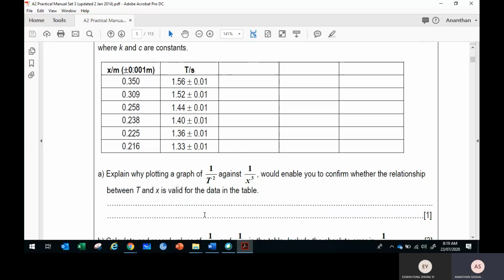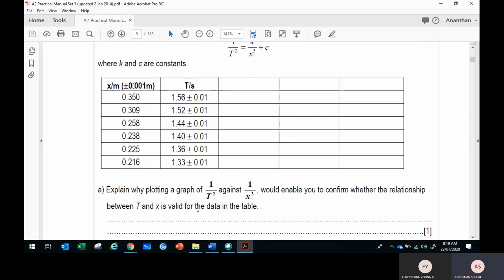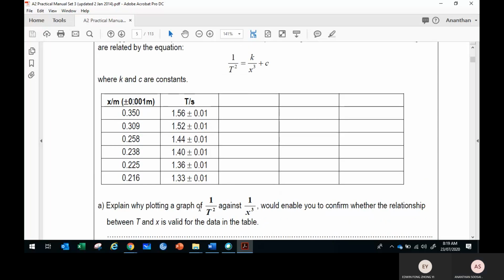In other words, by obtaining a straight line where the gradient is k and the y-intercept is c, we would be able to confirm the relationship.